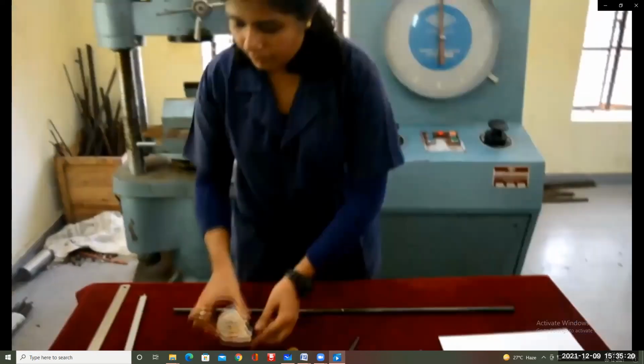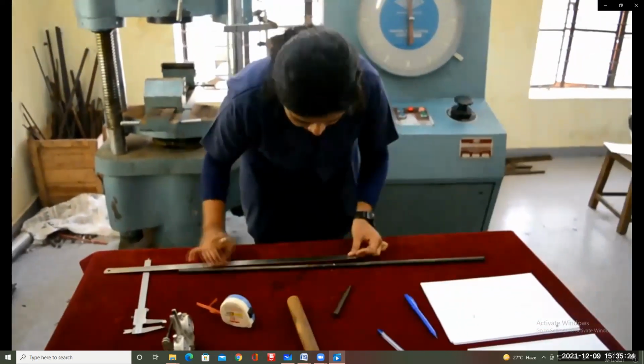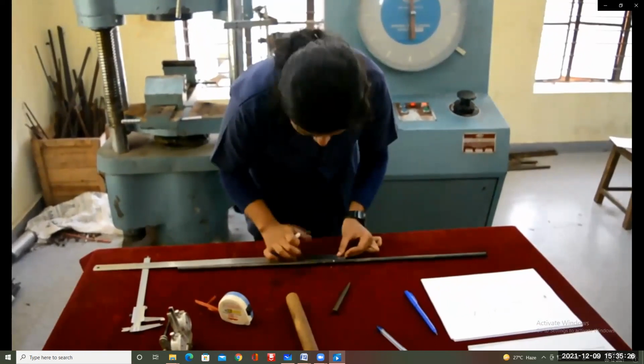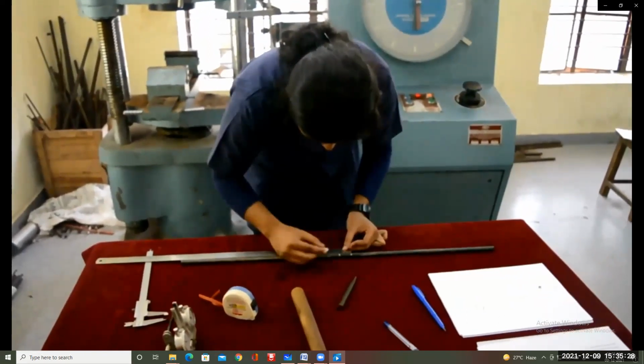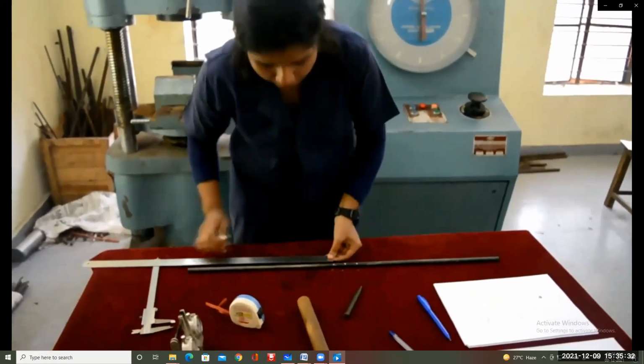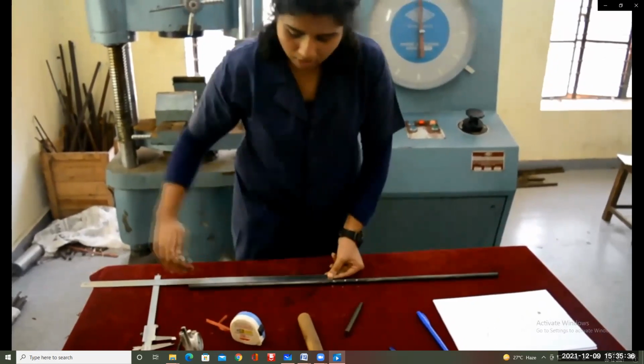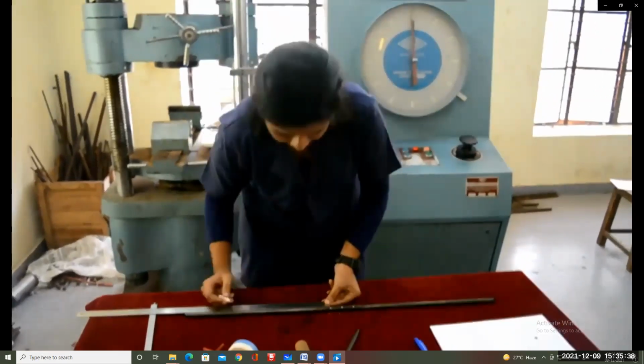From the midpoint, on either side, we take half the gauge length. From this point onwards, we take the whole gauge length and mark it completely across the rod.